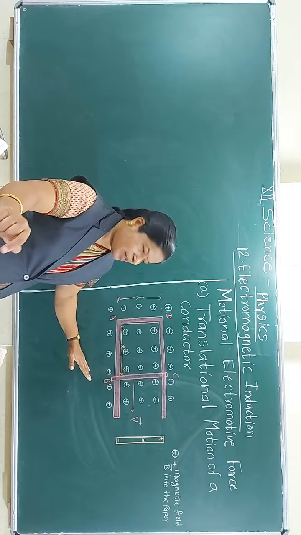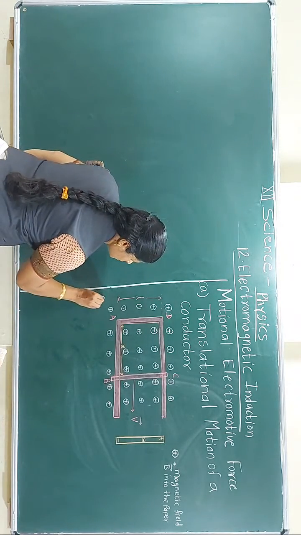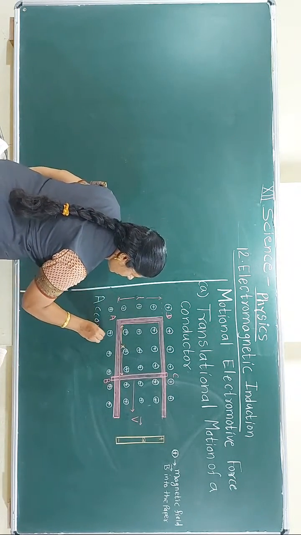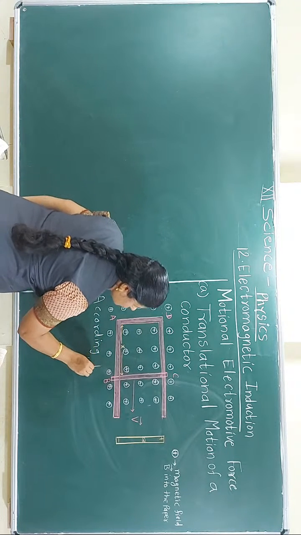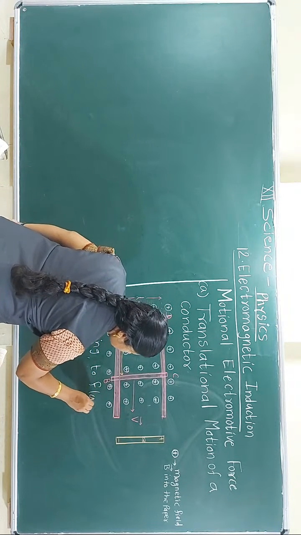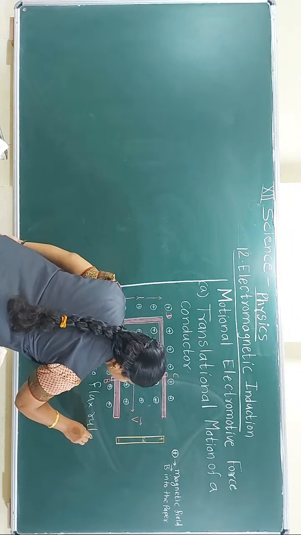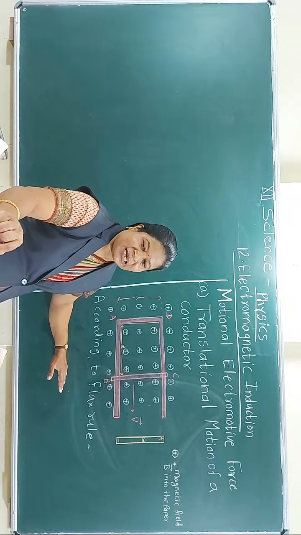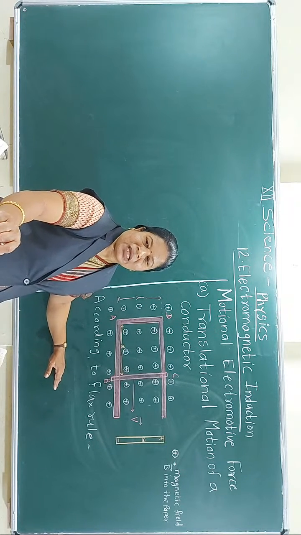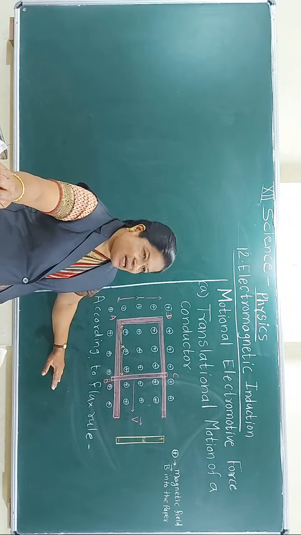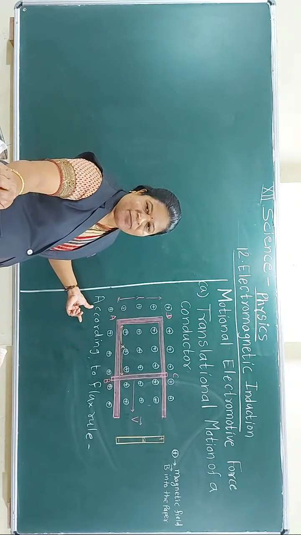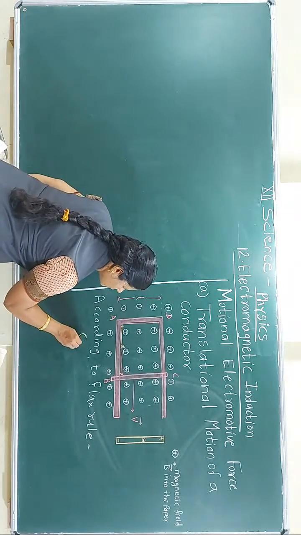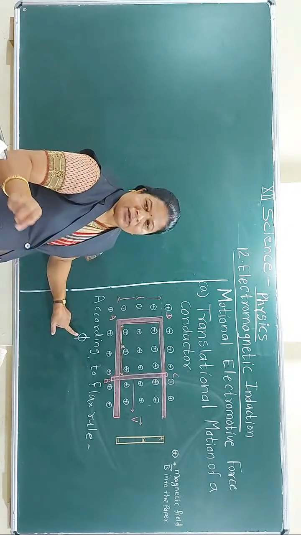According to the flux rule, the magnetic flux is changing with respect to time. The flux is denoted by phi.